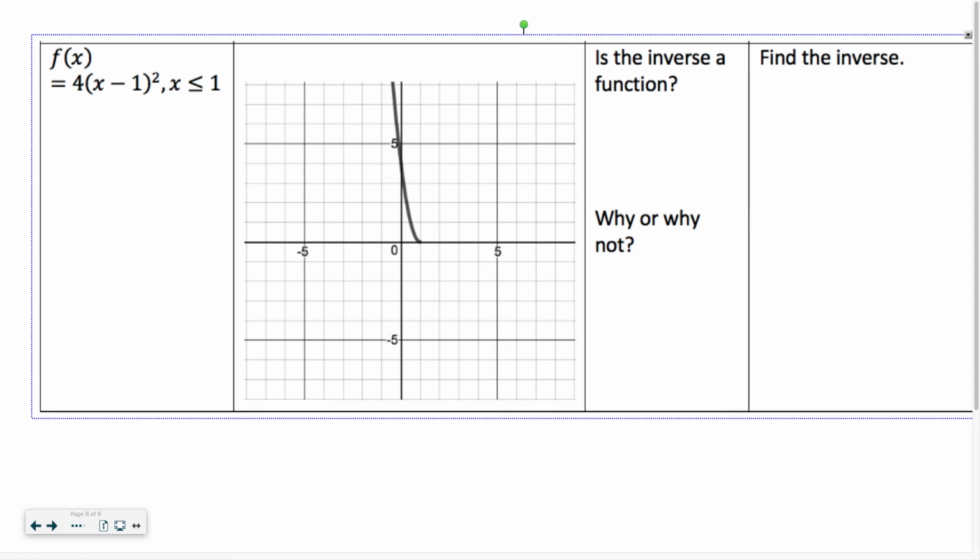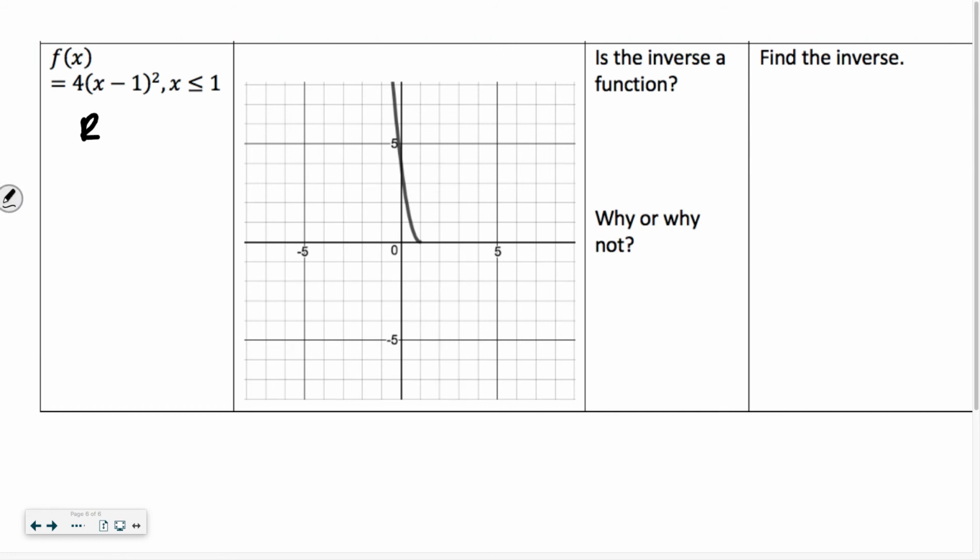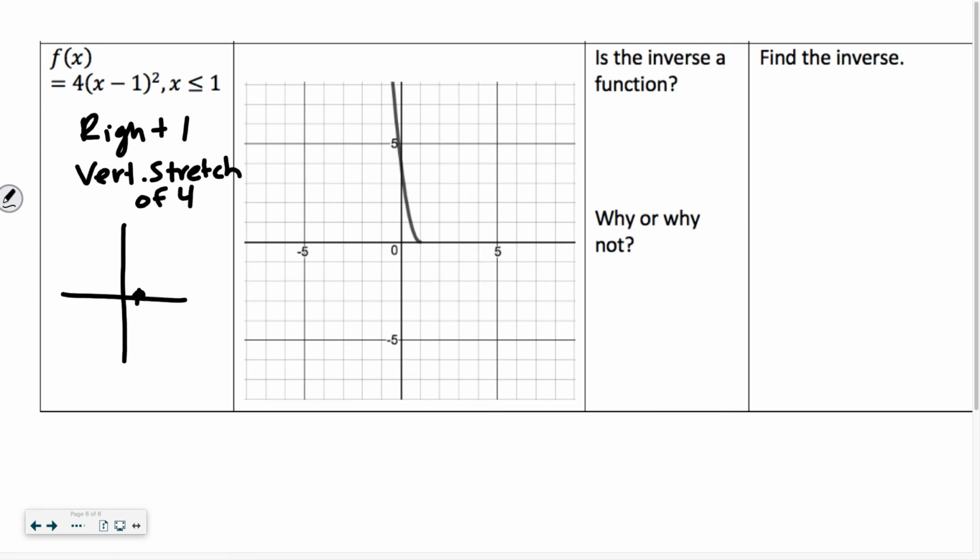This graph would have gone right 1 and had a vertical stretch of 4. And it's a U-shaped graph. But because I'm saying for all x's that are less than or equal to 1, I only want one side of the graph, which is what you see over here.